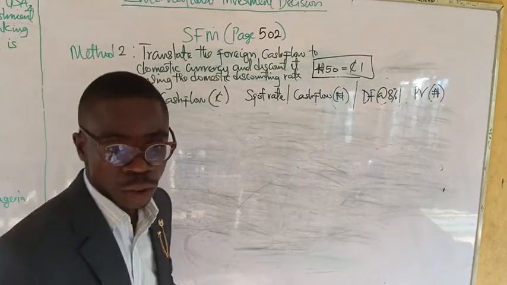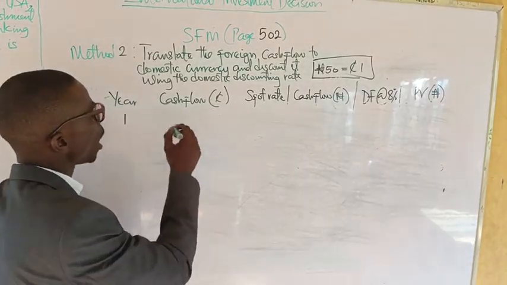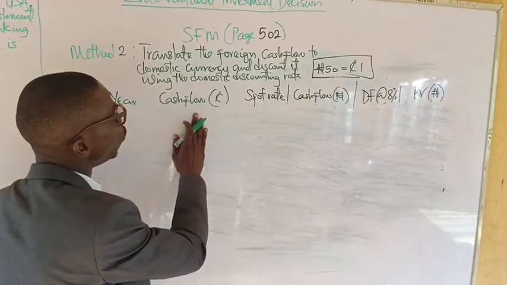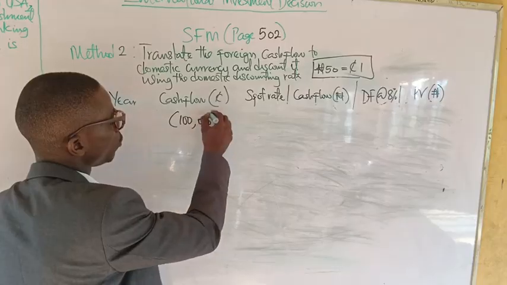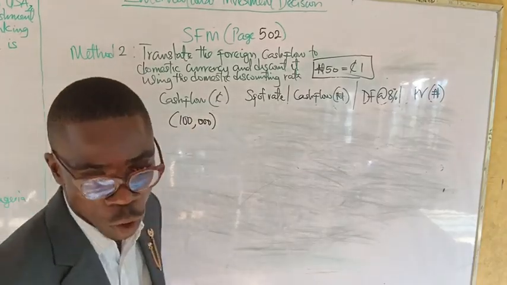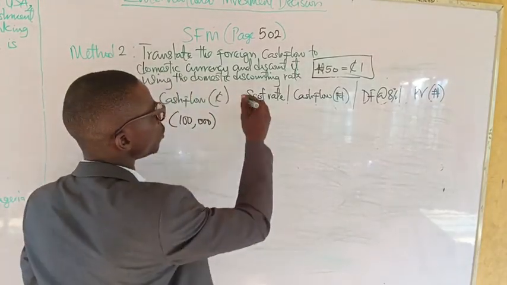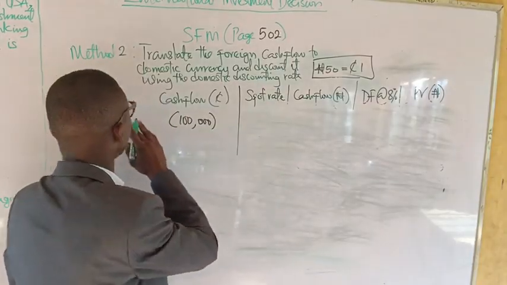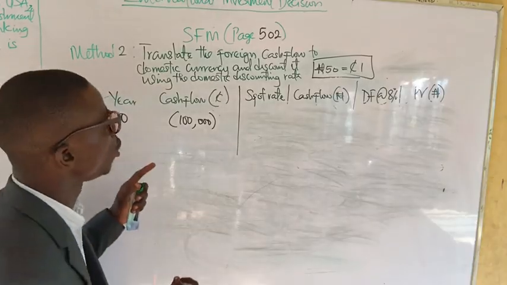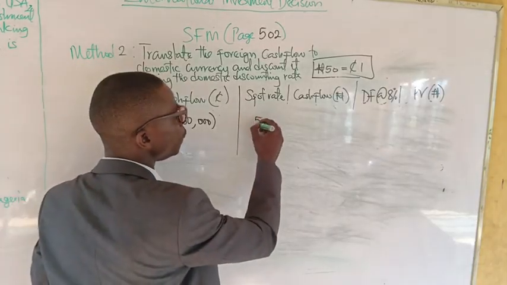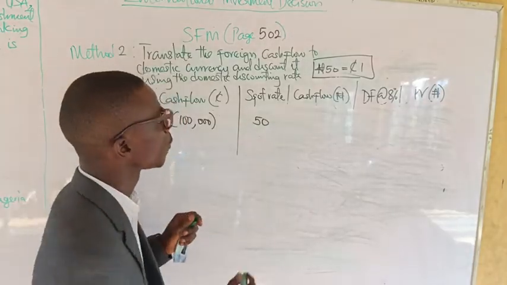So now look at it. Year 1, how much is the cash flow in cedis? That's 100,000 cedis. Am I communicating? What is the spot rate? The spot rate in year 0. The spot rate will be 50 naira.